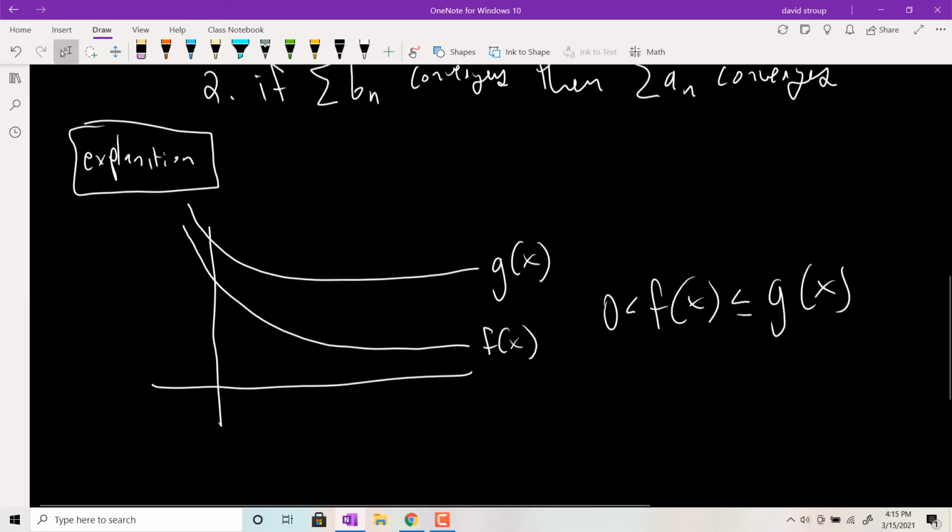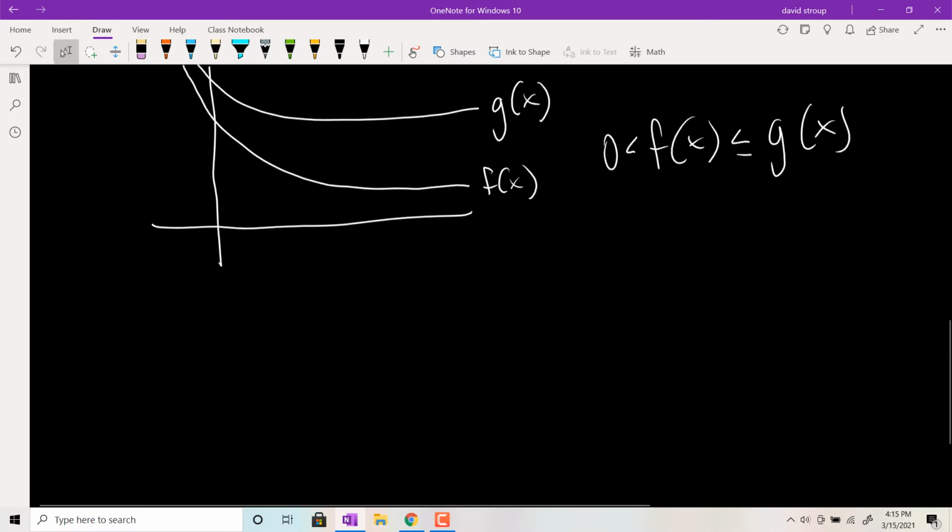Okay, so we want to consider the infinite integrals of those things. Let's go from 1 to infinity, right? Okay, so the integral from 1 to infinity of f of x dx.